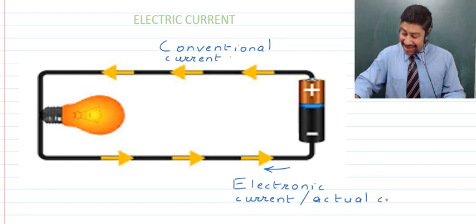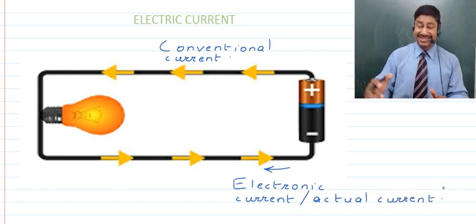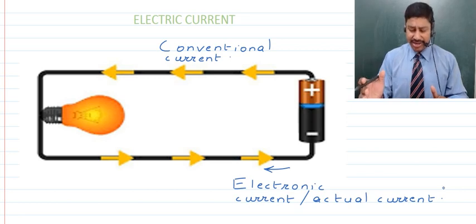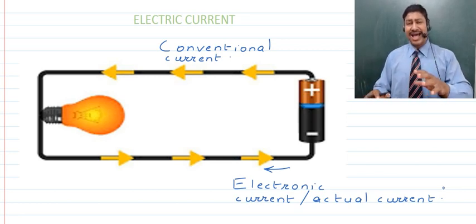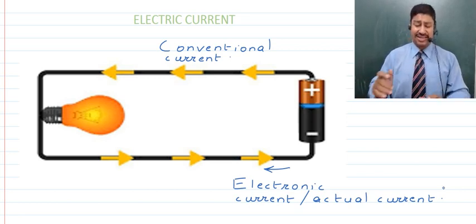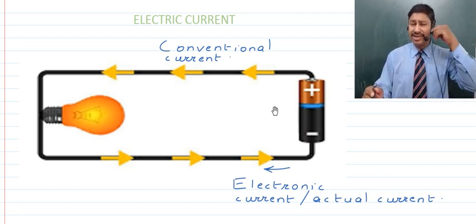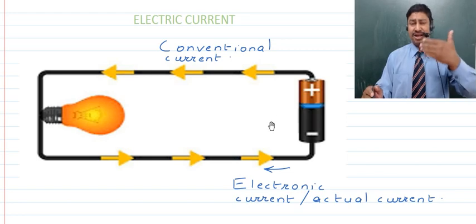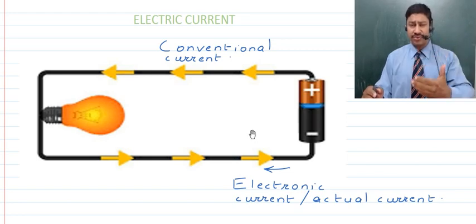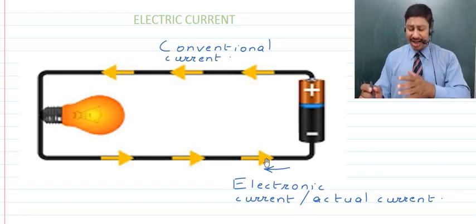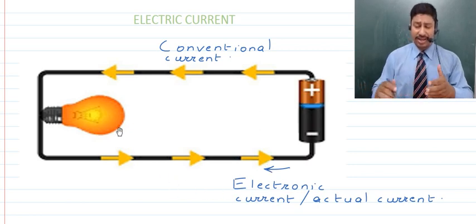So this is the direction in which the electrons actually move, and this is the actual direction of electric current, right? So in a way you can say that there are two directions of the electric current. One is the direction which is normally considered true, that is the direction which is age old, which was without any reason, right? And the other is the direction of the electronic current.